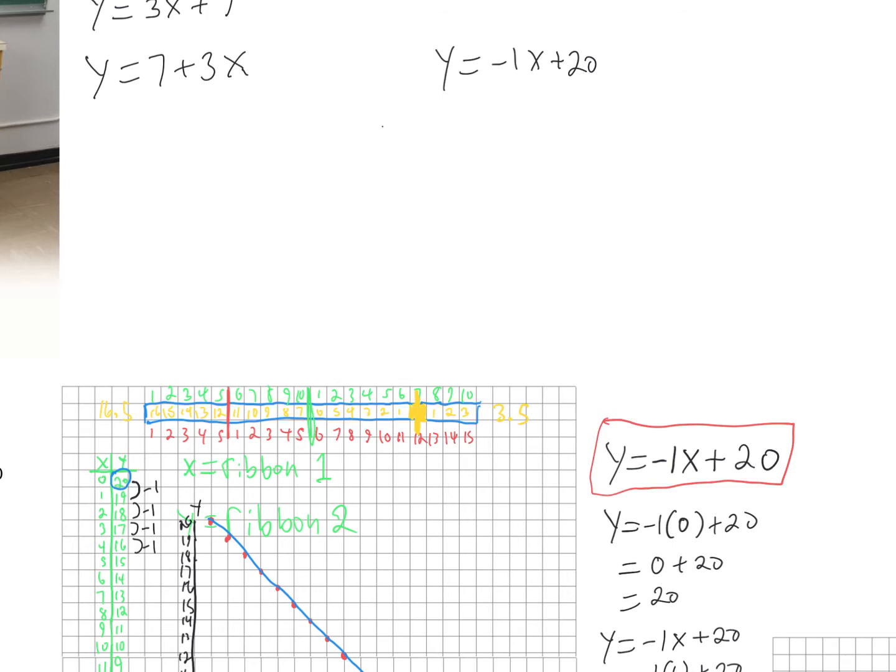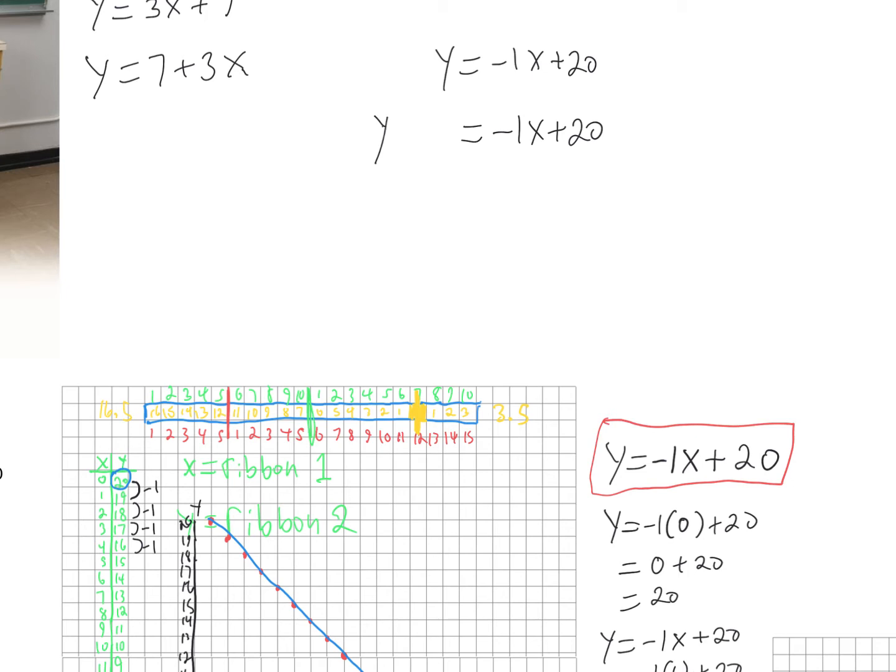So if I have negative 1x plus 20, and I want to get rid of this negative 1x that I'm adding to my 20, well, the opposite of adding negative 1x would be to subtract negative 1x.